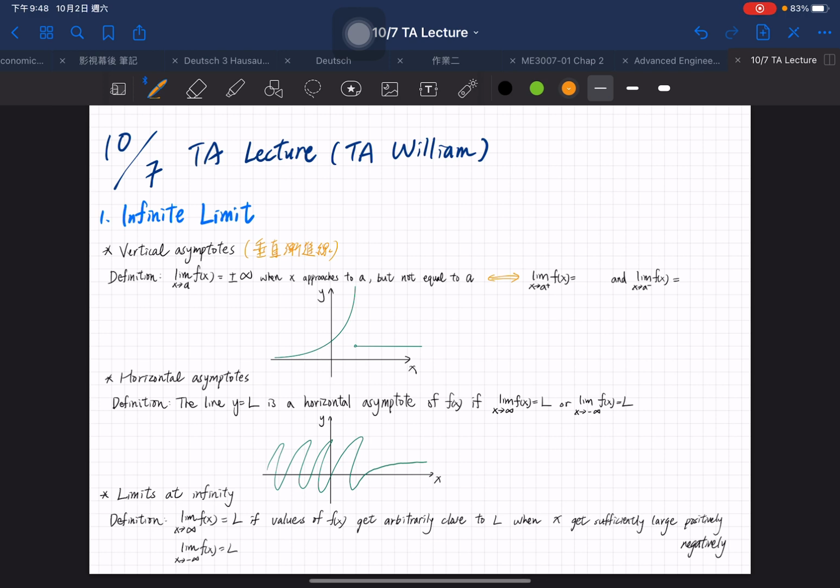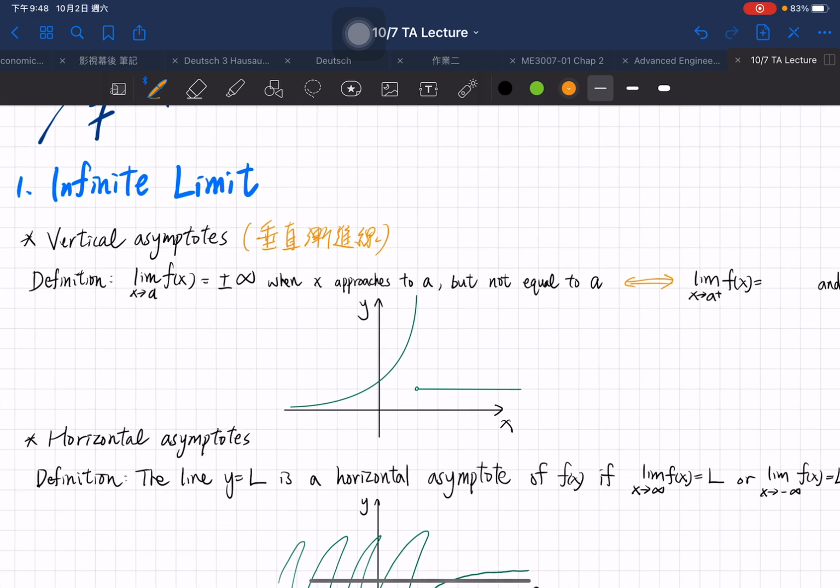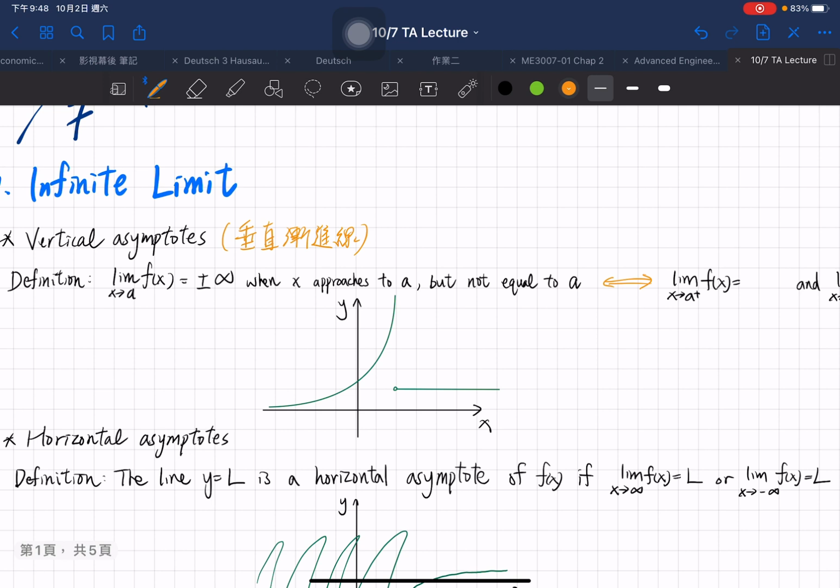By definition, we say that we have a function f of x, and if the limit of the function f when x approaches a equals positive or negative infinity, then we say that x equals a is the vertical asymptote of the function f of x.